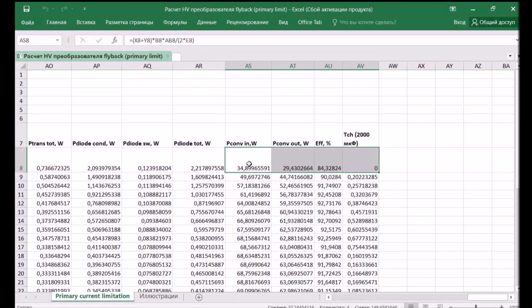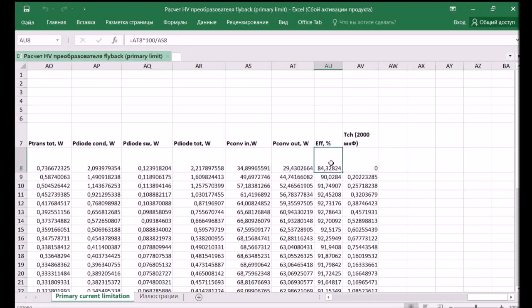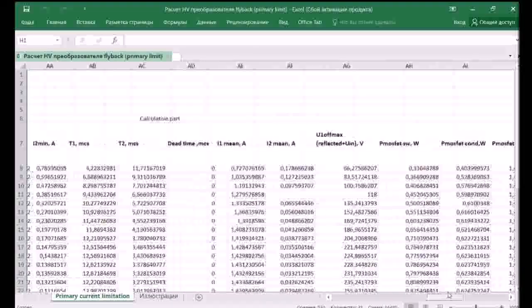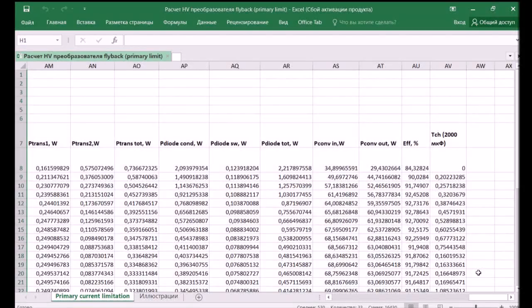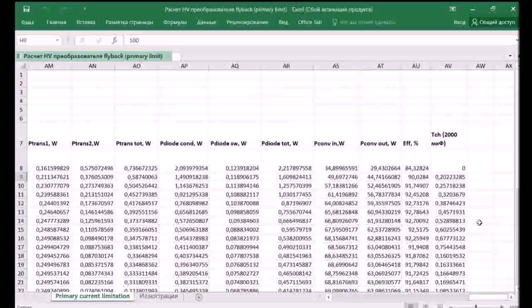It is input power of the converter, output power, efficiency, and charging time to the voltage specified in this column. For example, it takes so long to charge it from 0 to 50 volts, from 50 to 100 volts, etc.